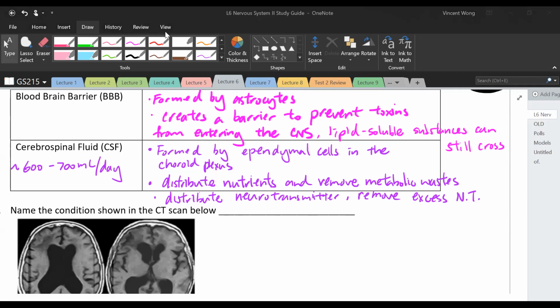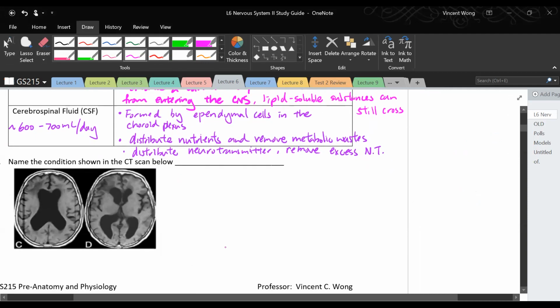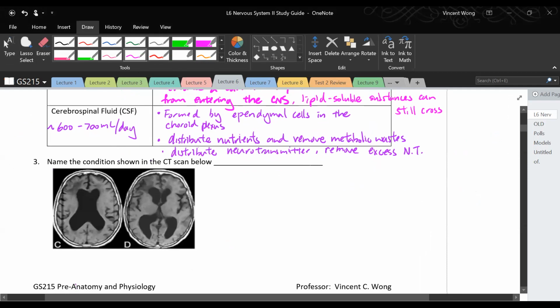Now, we have a problem if we cannot drain the CSF. I'll go through the whole flow of CSF with you in a bit, but if we cannot drain the CSF, then we've got a problem, because it's going to build up a lot of pressure in the head. Here is a CT scan that shows a transverse view of the brain.